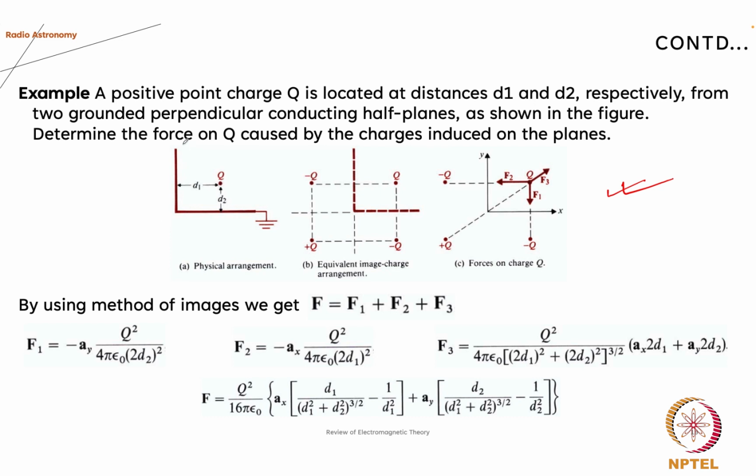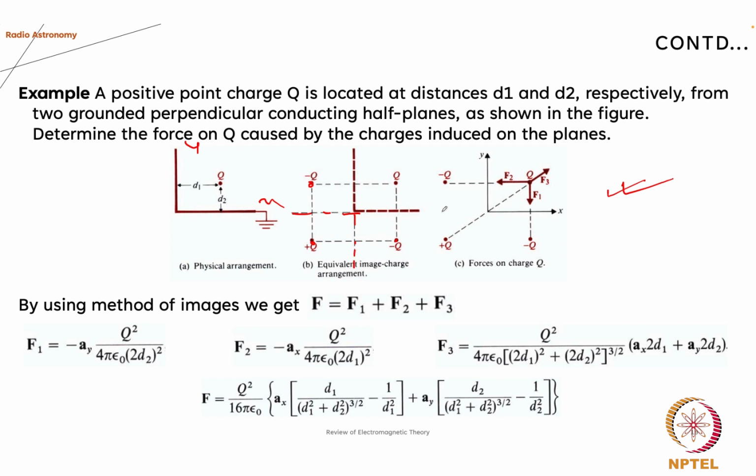Let us say that this is y and this is x, for simplicity. Due to the grounded conductor along x, you will get a minus q charge here, and due to the vertical one you will get a minus q charge here. Now to balance it out, since this is also grounded along x and along y, you will get an image charge plus q here.